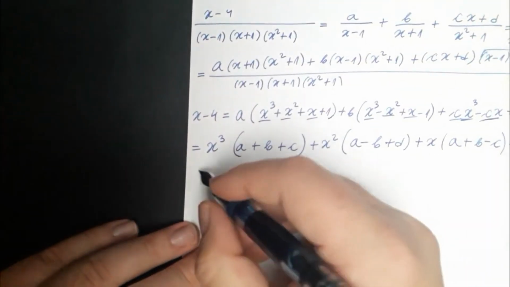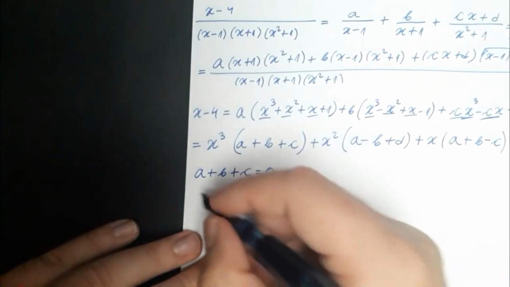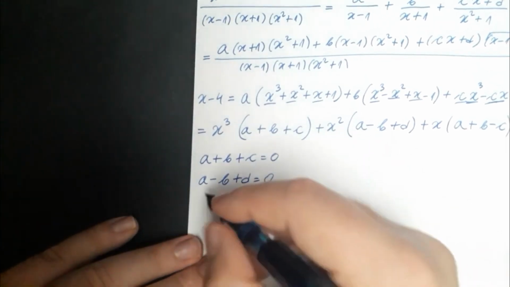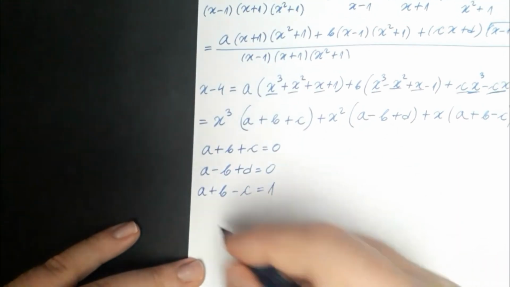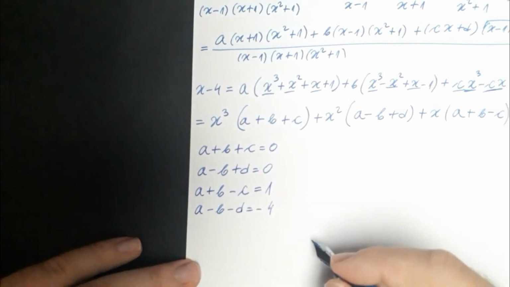So our equations are A plus B plus C is equal to 0, A minus B plus D is equal to 0, A plus B minus C is equal to 1, and A minus B minus D is negative 4.